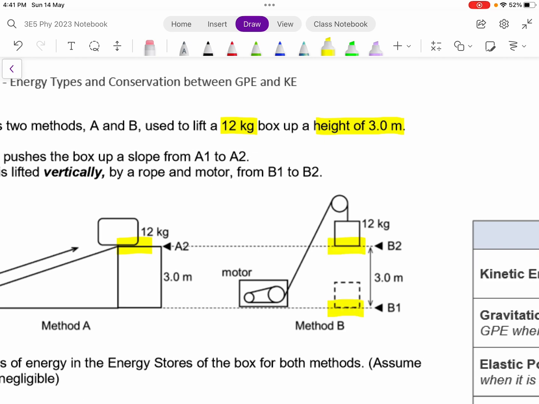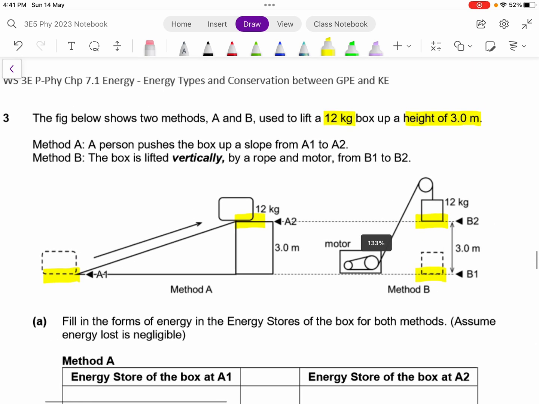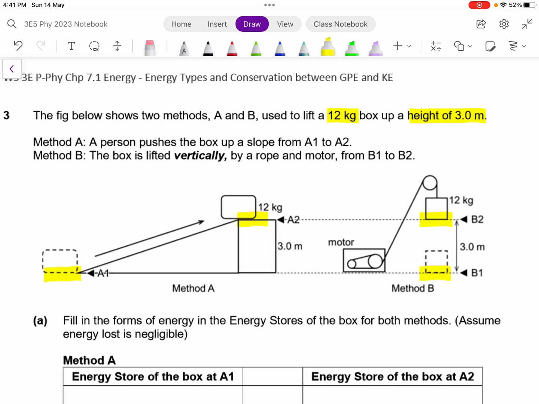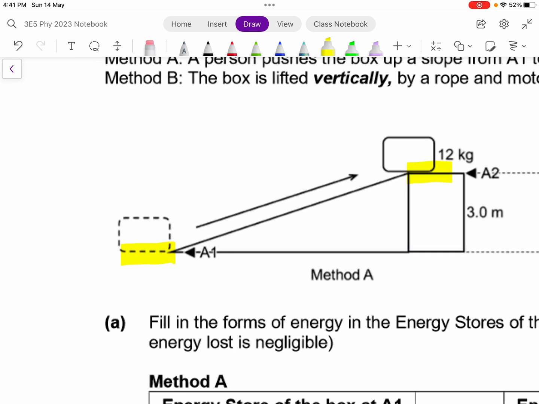So the first thing that most students will encounter is to actually ask yourself, when we are analyzing this, is the box moving? At A, are we talking about the box already moved or haven't moved, right?